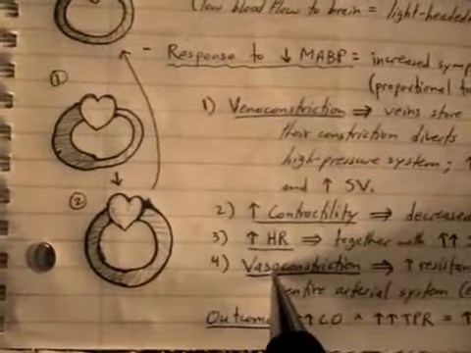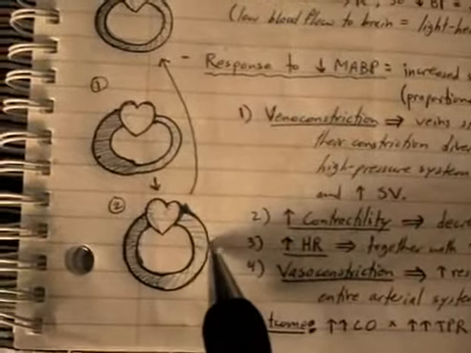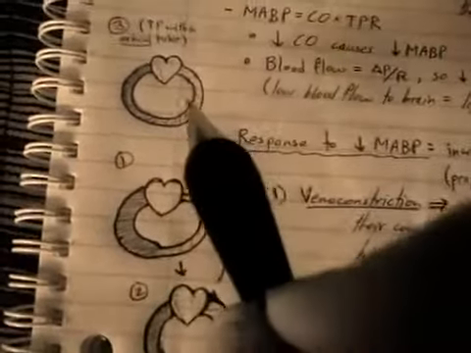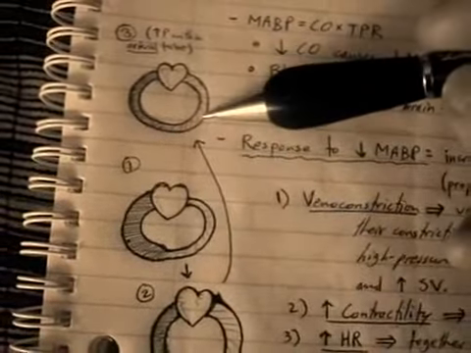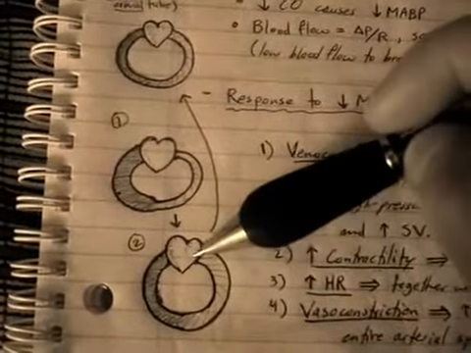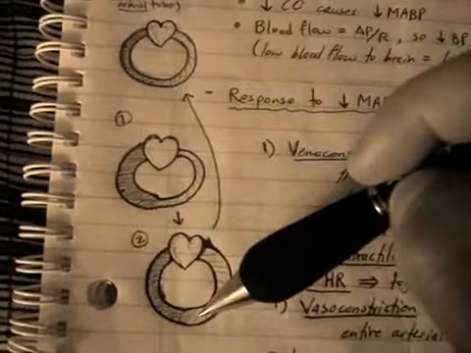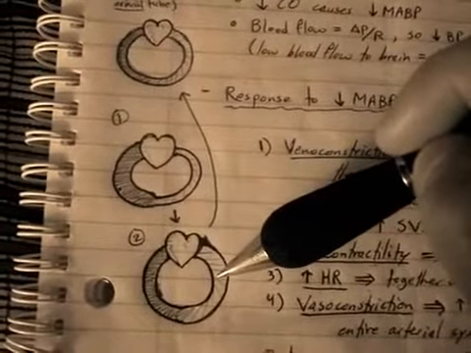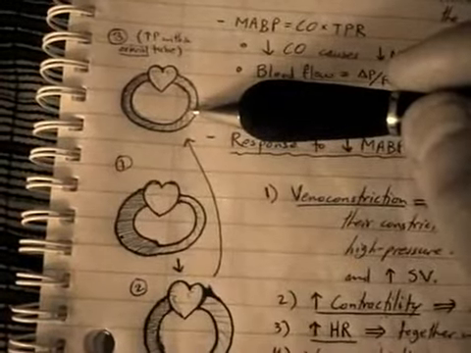But then we also cause vasoconstriction. So we're going to constrict these arterioles. We're going to constrict the arterial system, as shown here. So what you see is that the arterial system not only receives more blood because of the constriction of the veins, but at the same time it constricts into a smaller diameter.